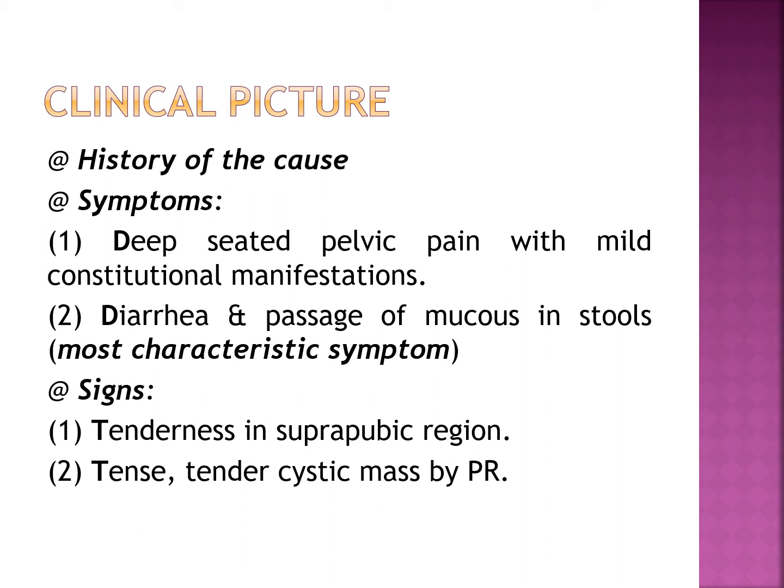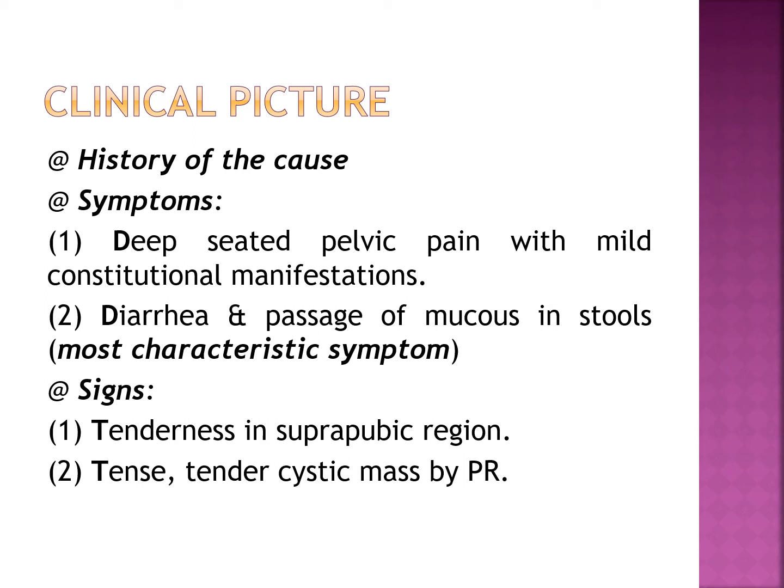You have a history of the cause, and you have specific symptoms here. There was a hiccup in the subphrenic abscess, but here there is diarrhea and passage of mucus in the stool, which are the most characteristic symptoms due to irritation of the rectum and the sigmoid colon by the presence of pus.